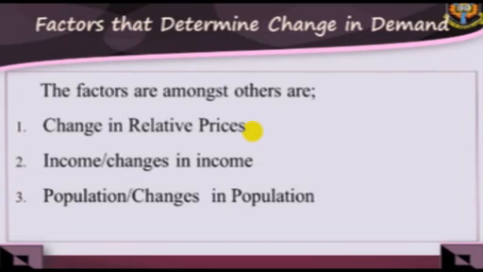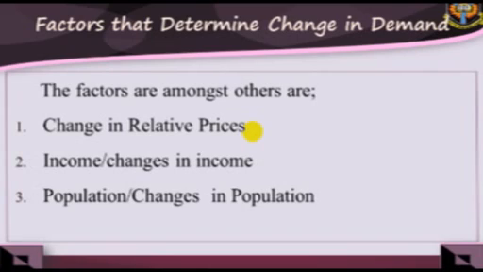2. Income. The income level shifts the demand curve either to the right or left. An increase in the general income level in the country will shift the demand curve to the right, while a reduction in the general income level will shift the demand curve to the left. 3. Population. Another factor that can shift the demand curve is the total population in a country, which influences effective demand.